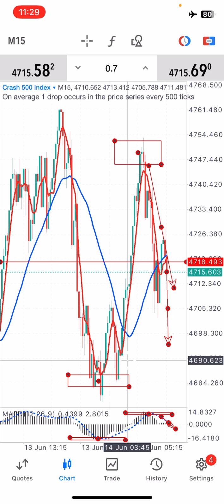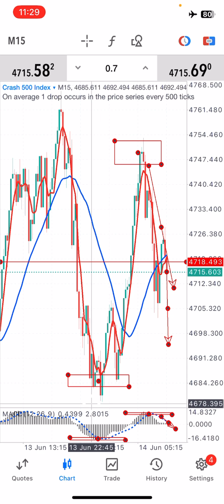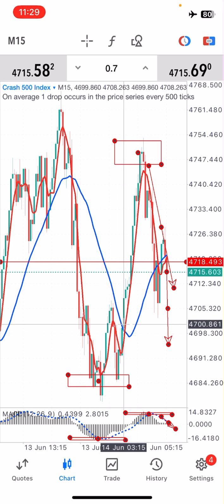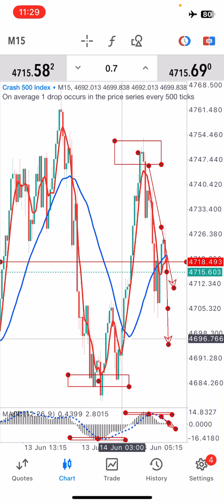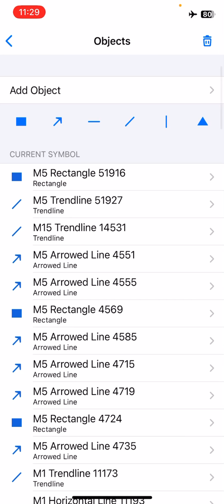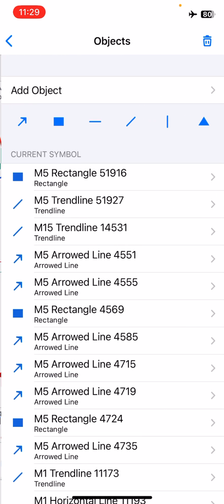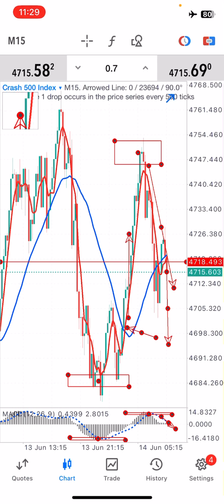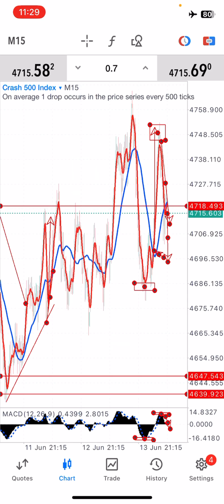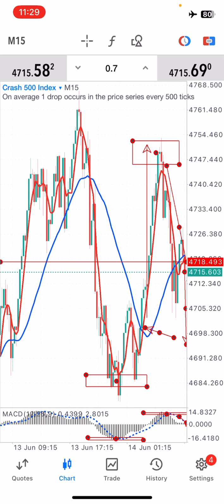And I said, for you to be sure of this peak formation, we need to see our red line here crossing with the blue line. And once that happens here, you know that your buy trade has been confirmed, and you can see price went all the way up. So just identify your peak. The peak will tell you where the market is going to start going, and you just follow that as well.